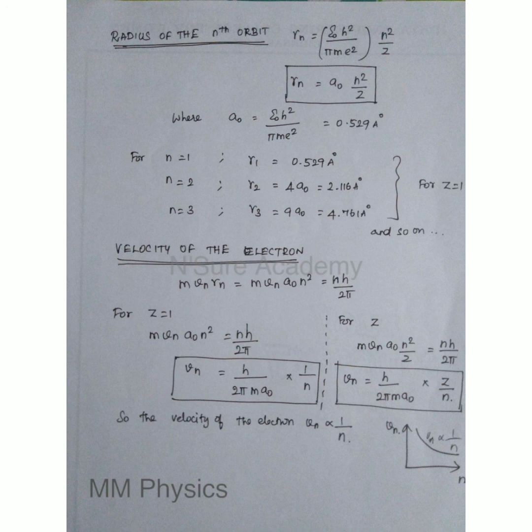From both equations, it is very clear that the velocity of the electron vn is inversely proportional to n, where n is the orbit number in which the electron is revolving. So when n increases, the velocity of the electron revolving in the orbit decreases.